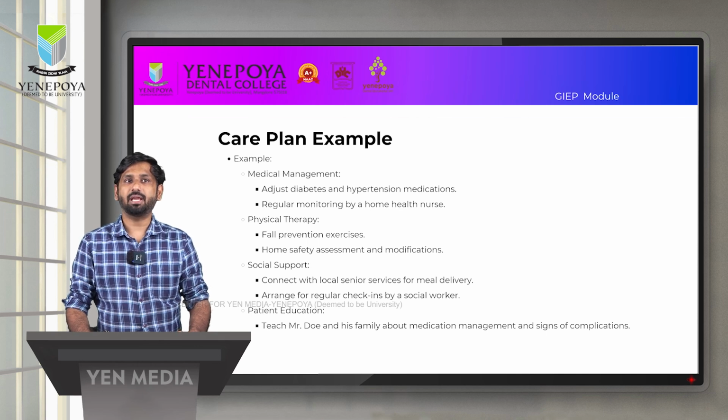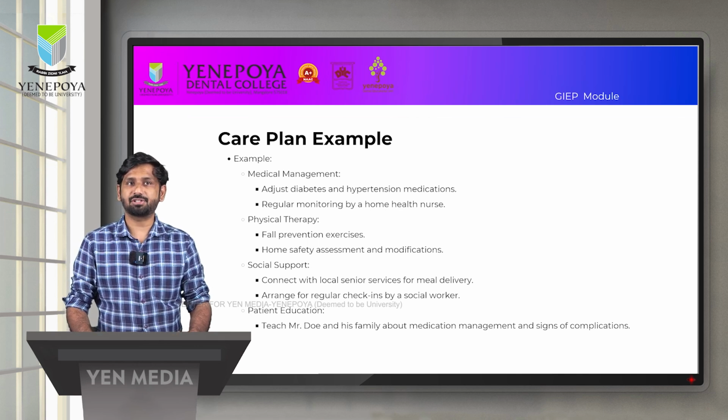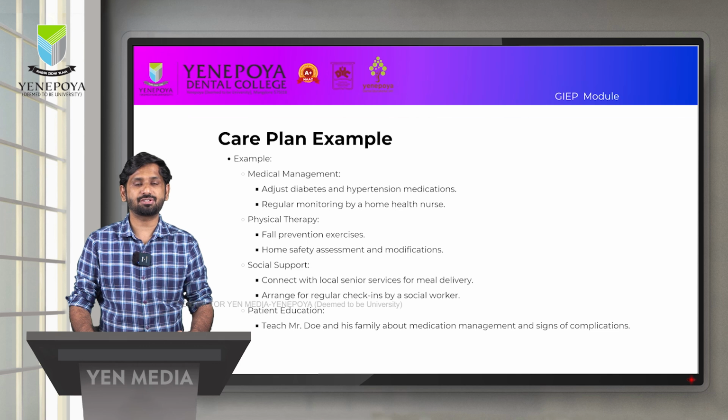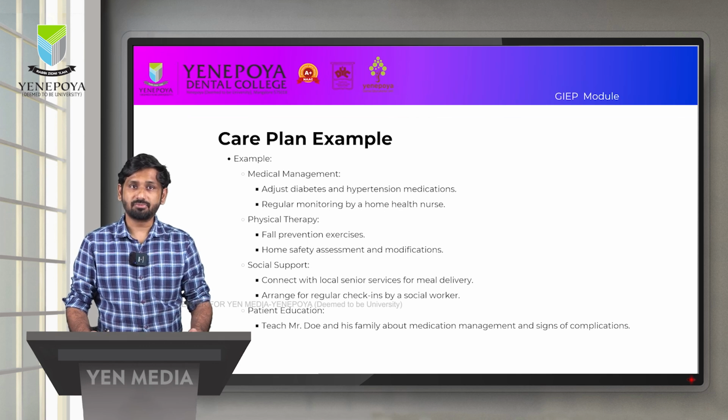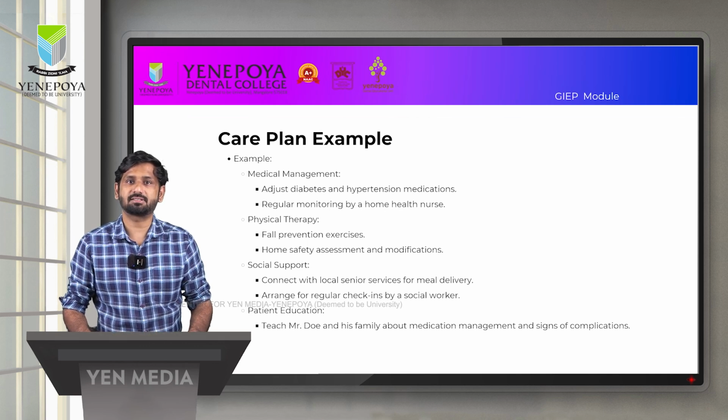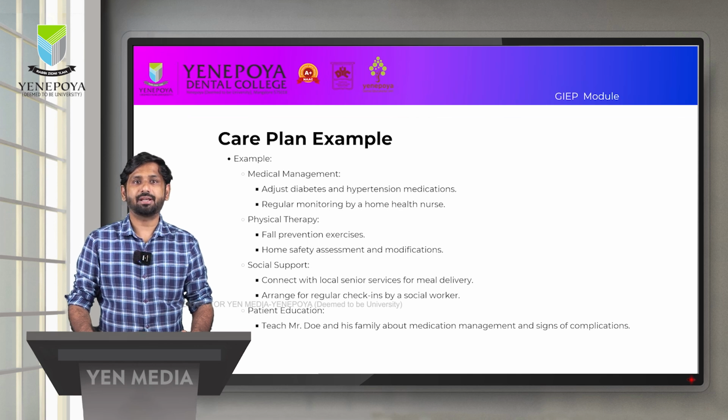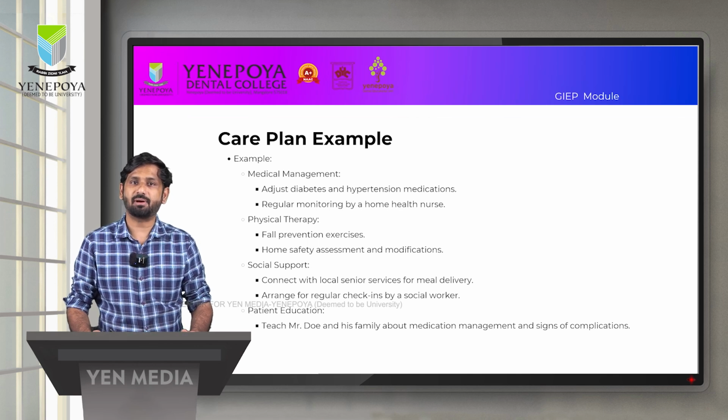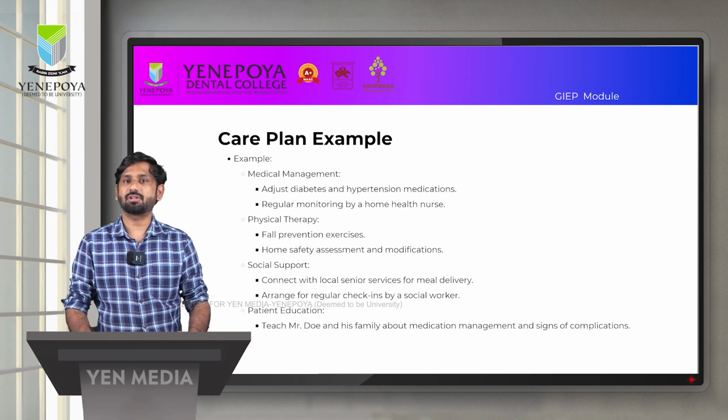Medical management would be to adjust diabetes and hypertension medications, regular monitoring by a home health nurse, and physical therapy for fall prevention and exercises, home safety assessment and modifications. Social support: connect with the local senior services for meal delivery, arrange for regular check-ins by a social care worker. And patient education: teach Mr. Doe and his family about his medication management, signs and complications.